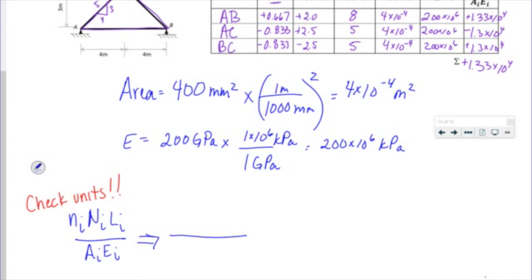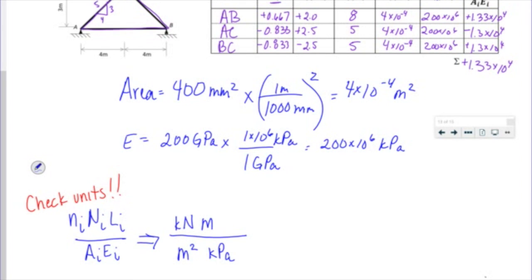Big N, I have the units kilonewtons. L, I have the units meters. On the bottom, I put meters squared and then kPa.